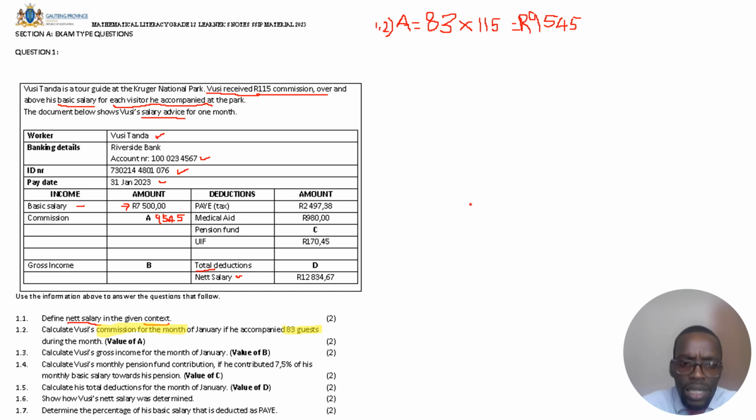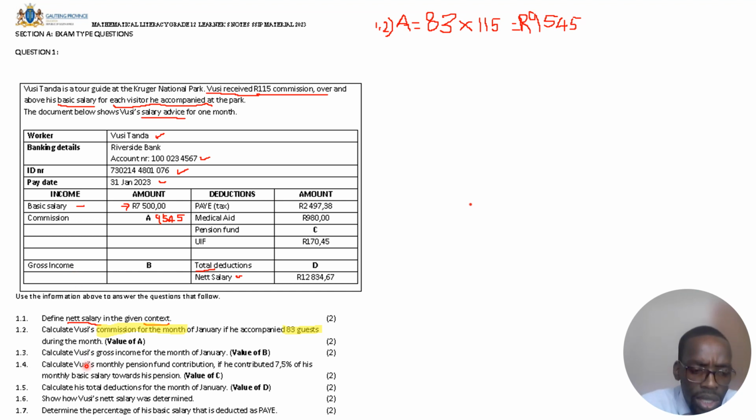So what is he going to do? He is going to earn 7,500 as his basic salary, and then he is also going to receive 9,545 as his commission. When we go to our gross income, we are going to add this 9,545 plus the 7,500.